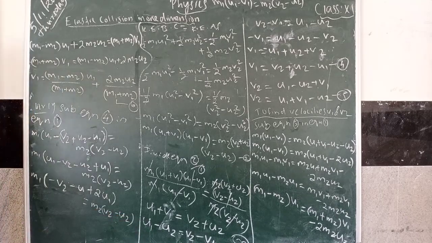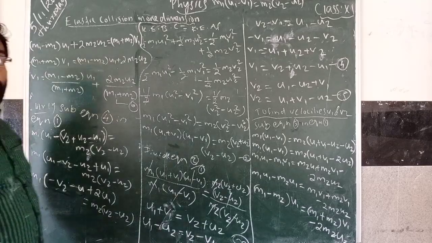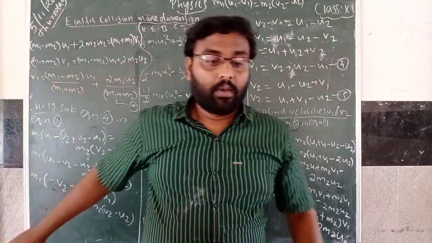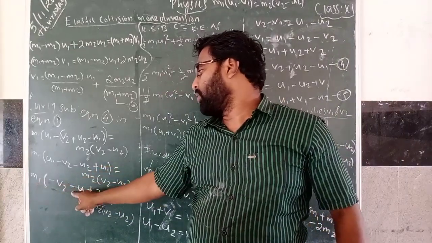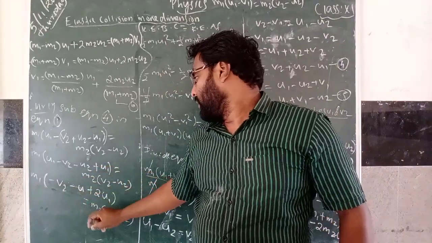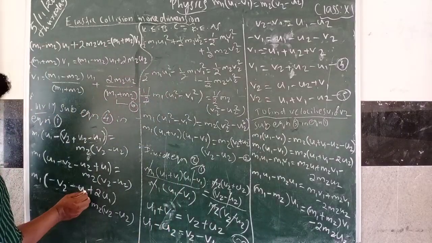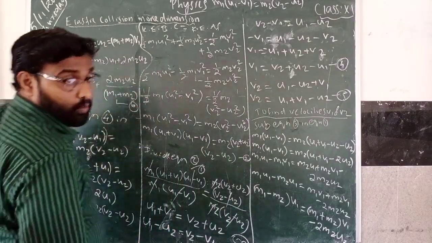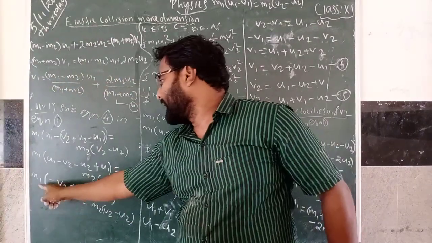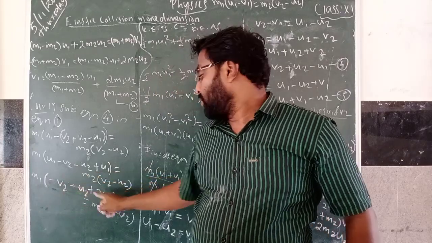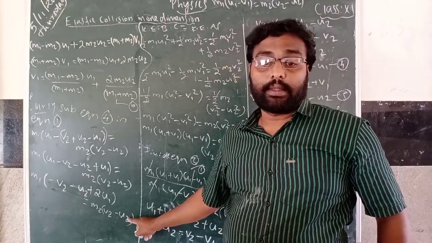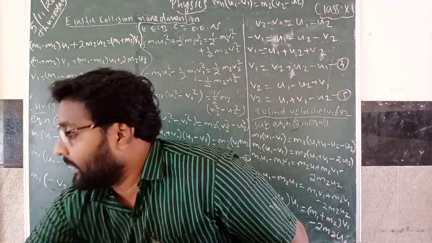Okay. Now what you will get is, when you multiply this M1 inside, M1 V2, and M2 here inside, you will get an equation.